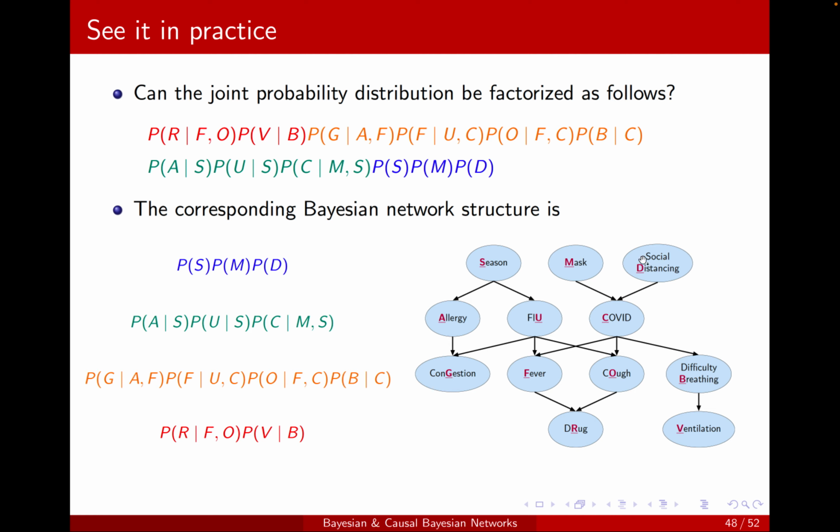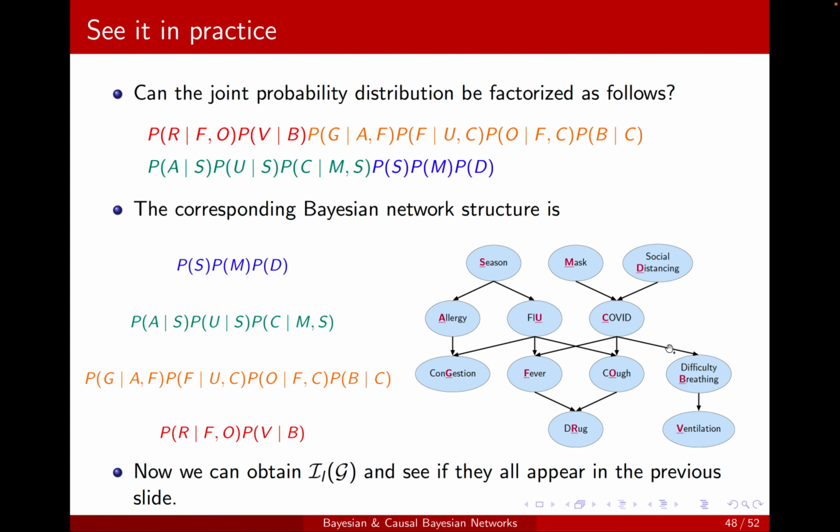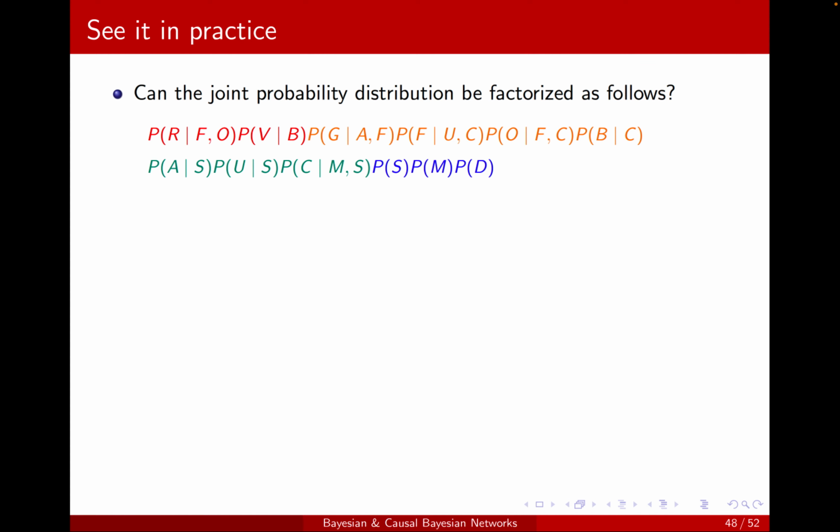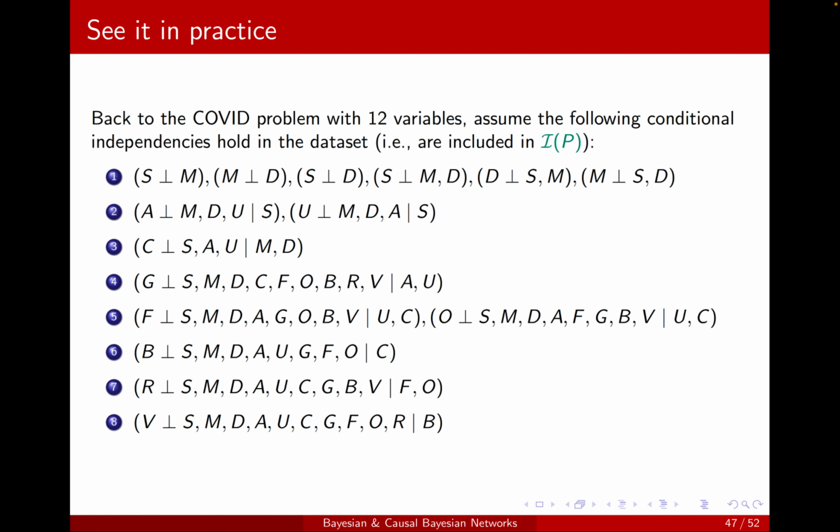C is conditioned on M and S. U is conditioned on S only, and so on. And you will end up with this. I just wrote the CPDs layer by layer, and we draw this in a form that goes from up to down. Now we can obtain the I_LG and see if they all appear in the previous slide. Like here. And good luck with that.